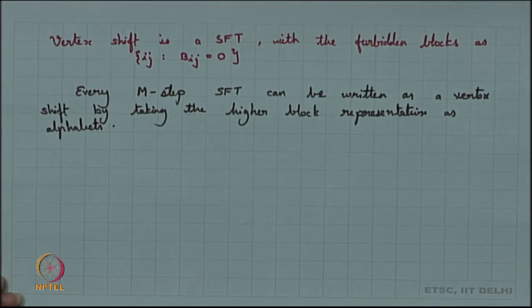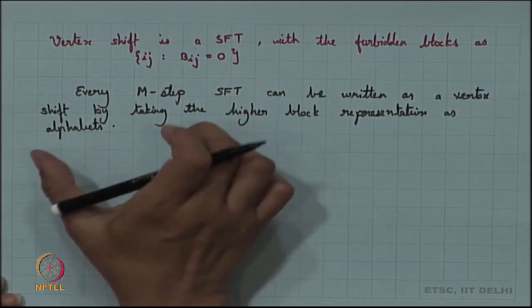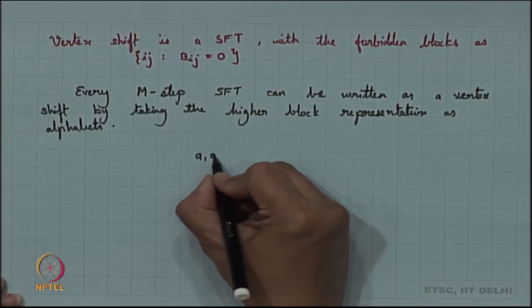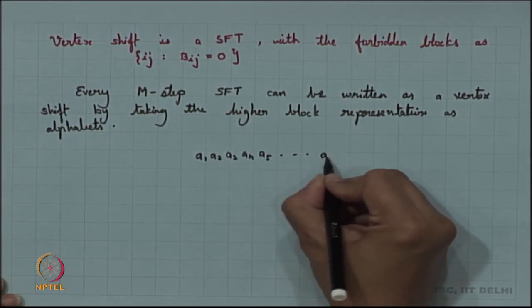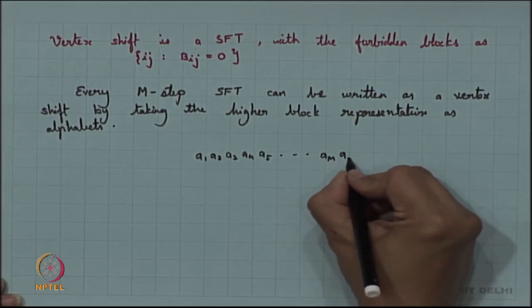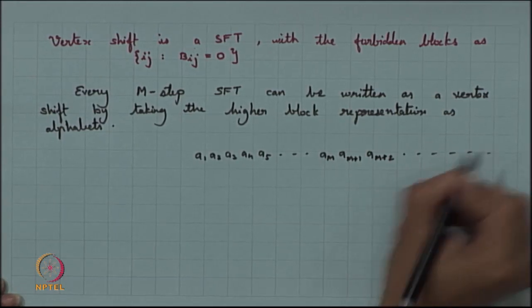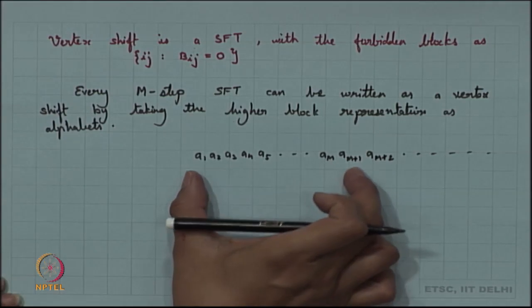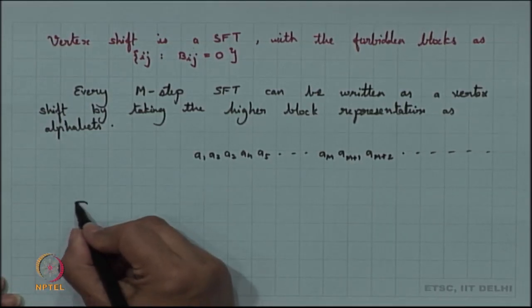So, what you have here is that supposing I look at a block, every subshift of finite type will be m step. Supposing I am looking at this block A1, A2, A3, A4, A5, up to A_{m+1}, A_{m+2} and so on. Then we know that A1 up to A_{m+1} is permissible. So, we start with a vertex here.